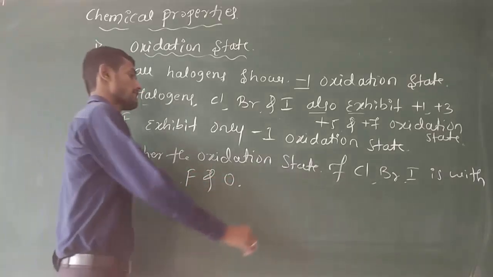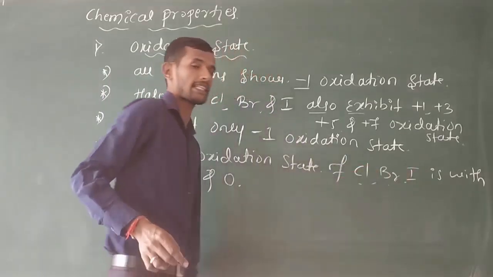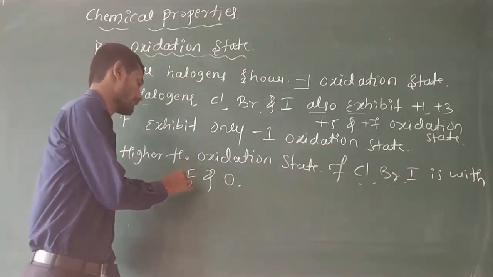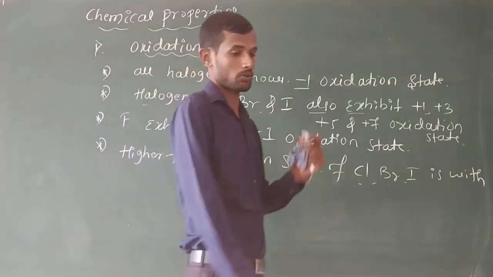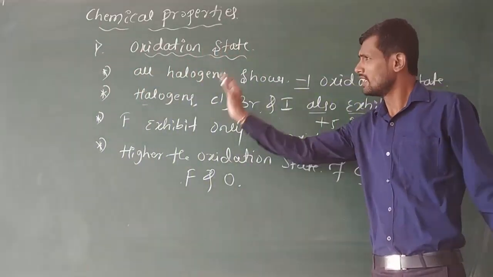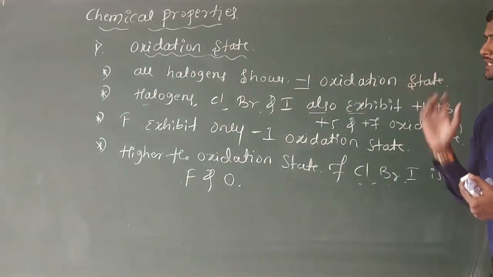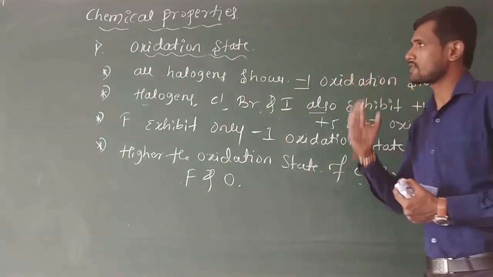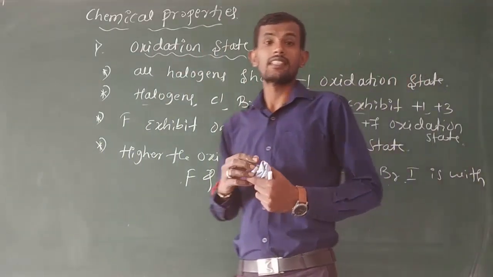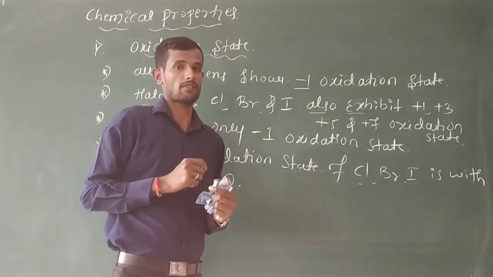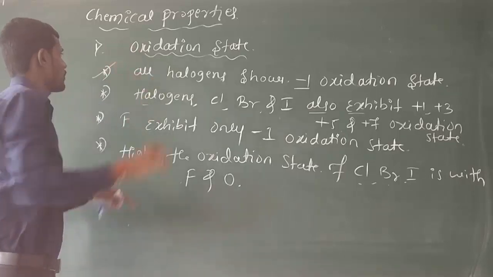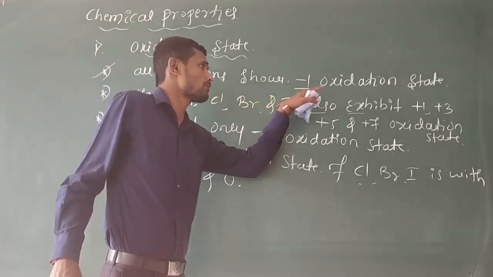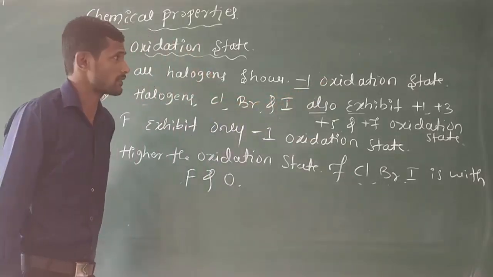Higher oxidation state of chlorine, bromine and iodine is observed when they are present with more electronegative atoms like fluorine and oxygen. Okay, students, so these are some points observed regarding the oxidation state of the 17th group elements. Okay, students, first come to the point that all halogens show minus 1 oxidation state.